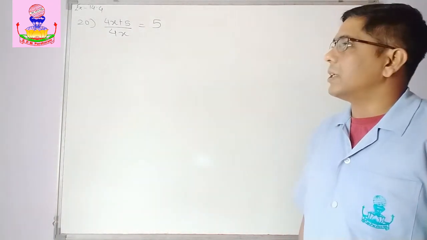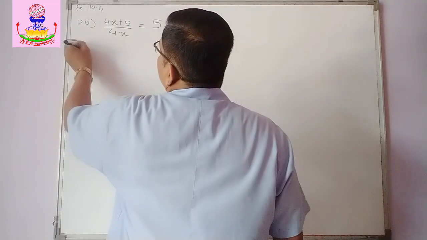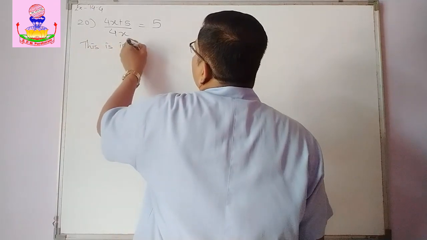Now here again this is an incorrect statement. 4x plus 5 upon 4x is equal to 5. So this is an incorrect statement.